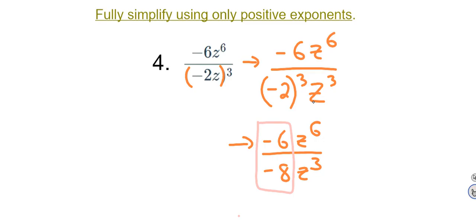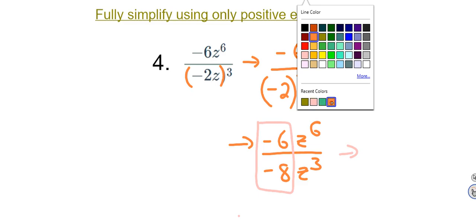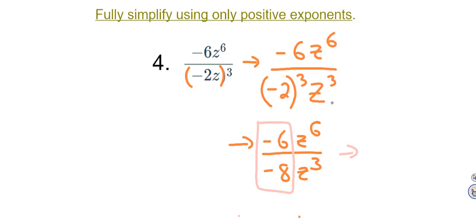I'm just going to pick up my calculator, hit the fraction button, put -6 over -8, and let me get my orange back. So let's see, the negatives cancel out. 2 goes into 6 3 times, and then that's going to be 4. And then I see my z, 6 minus 3 is 3, so I'm going to put my z up here, z to the third, and I'm done.